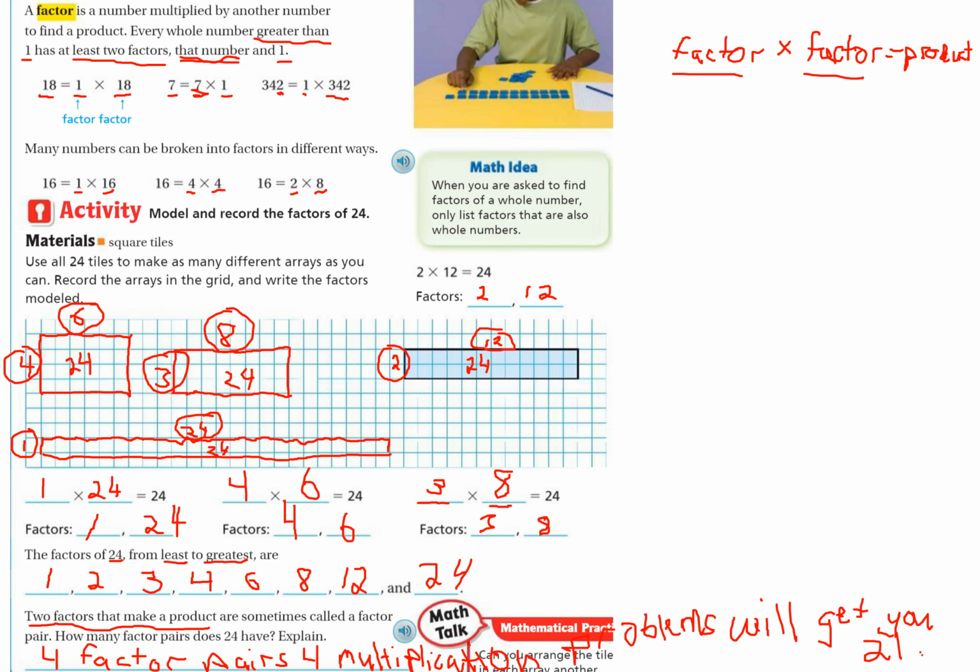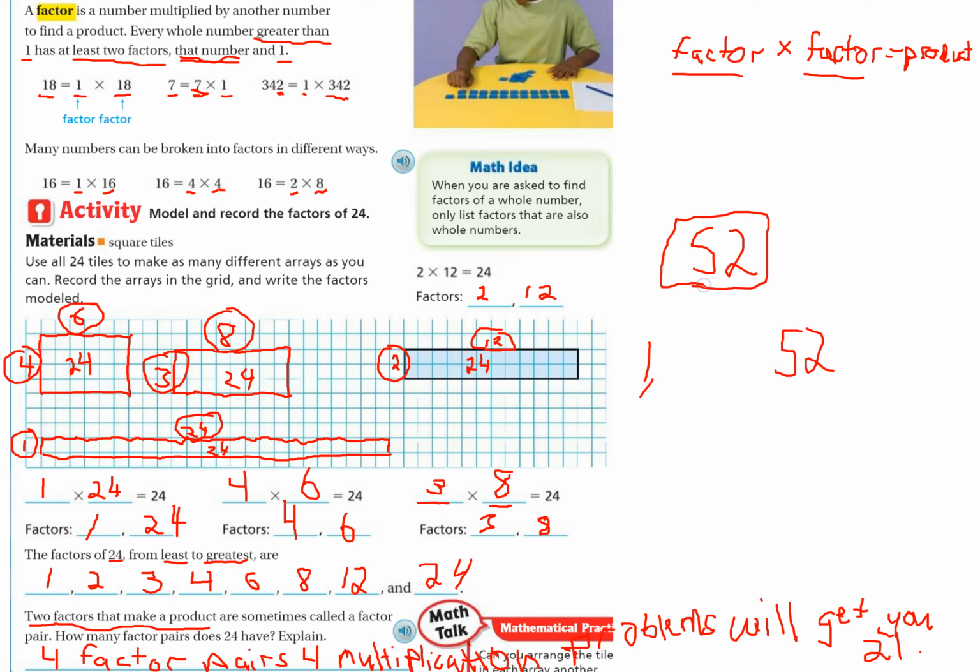Okay. So again, factors, any number you have. Let's say I have the number 52. Well, I know all the factors for 52 are going to be between 1 and the number itself, 52. Okay, so factors are few. They're limited, meaning you can never have a factor bigger than the number you're factoring.